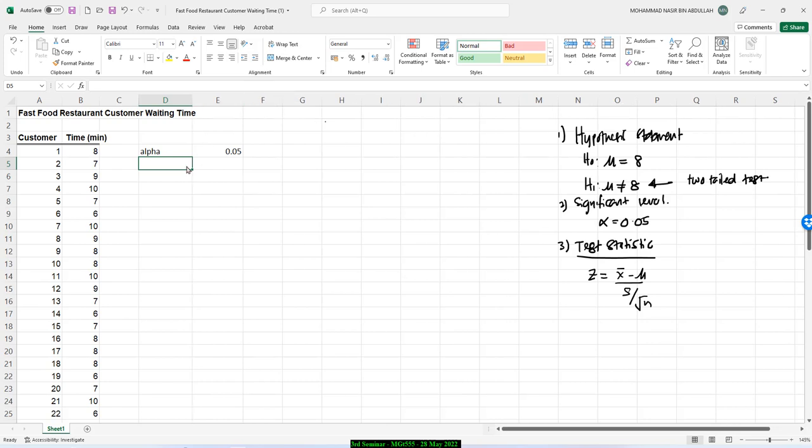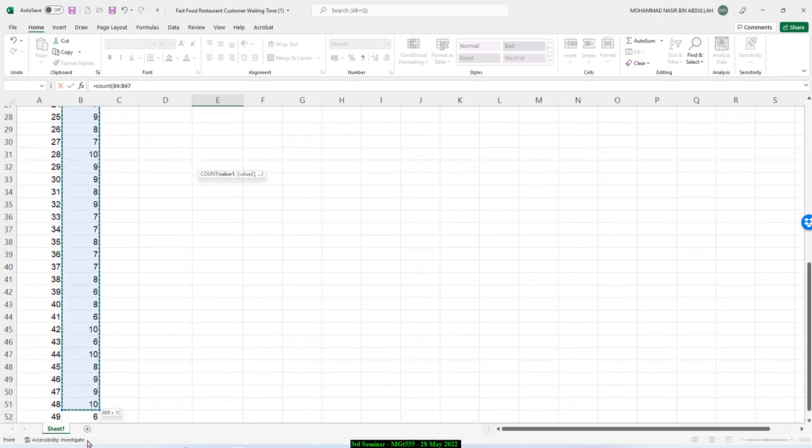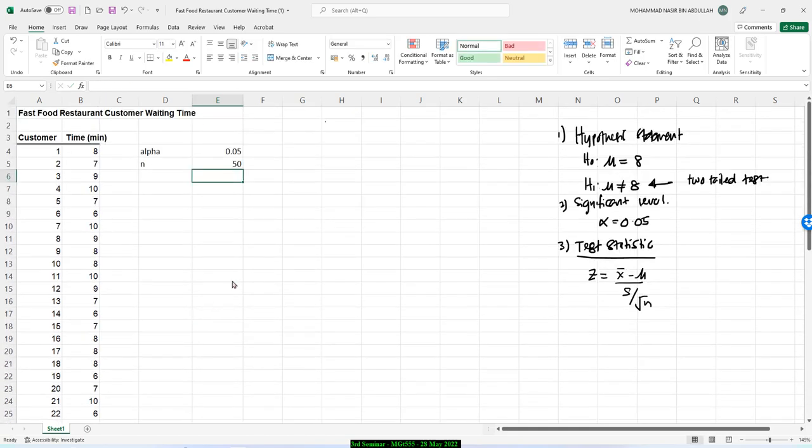And then we have N. How do we know N? We use count, from 8 until 53, close the bracket. So we have 50. And then we have mu. Our mu is 8, so we type 8 here.